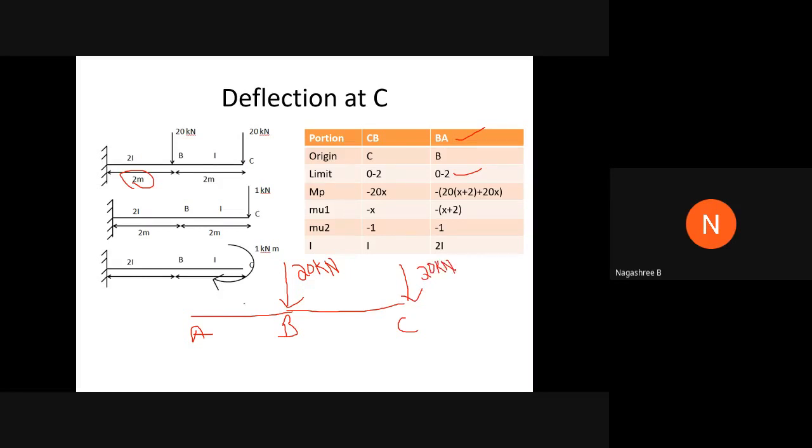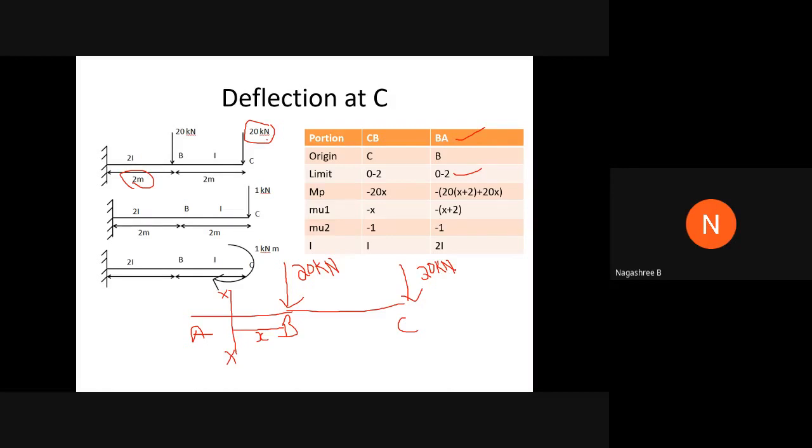Now, I take the section XX between A and B, at a distance of X. Why have I taken point C into consideration? Because the load of 20 kilonewton is acting at point C also.